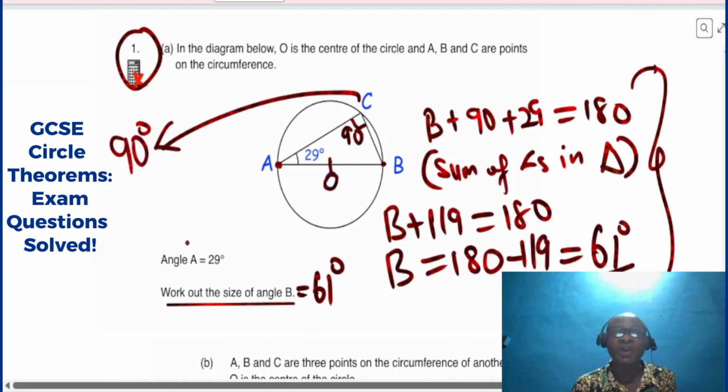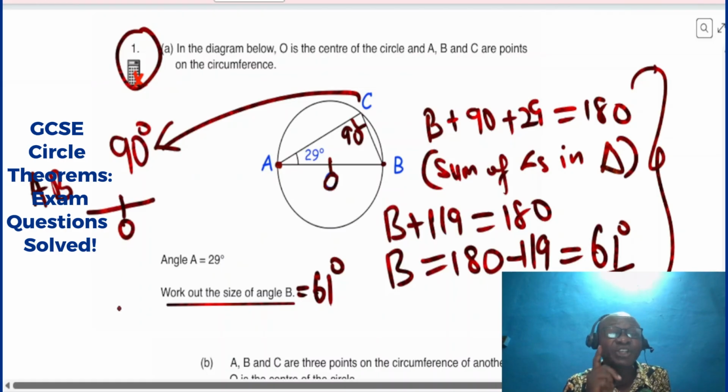Take note of all these silent points, that AB is a diameter. How do you know it is a diameter? They cut the line at the center. They put letter O at the center. That information alone is why you will conclude that if two lines are drawn from those two ends to form another angle at C, which is on the circumference, that angle must be 90.